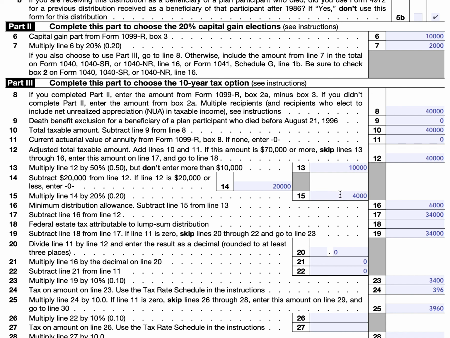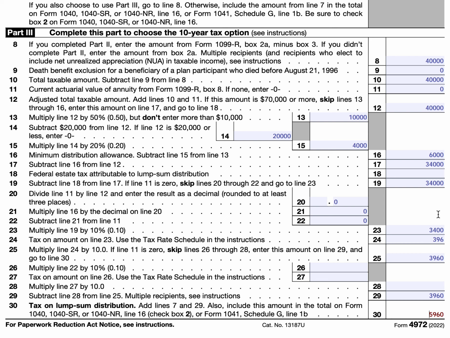In line 15, 20% of the line 14 amount is $4,000. And we're going to subtract that from the line 13 number of $10,000. This is the minimum distribution allowance, and we'll enter that difference of $6,000 into line 16. On the next line, we'll subtract this $6,000 from the $40,000 in line 12, and we arrive at $34,000.